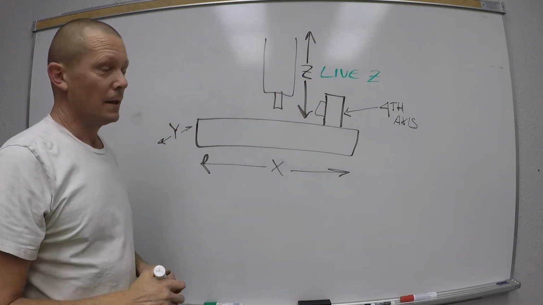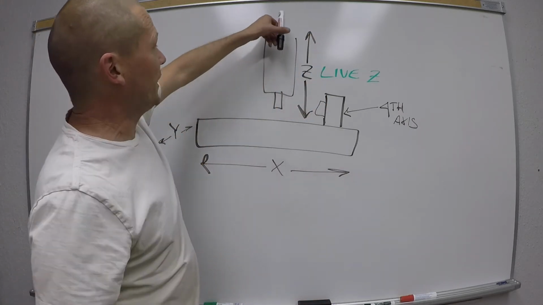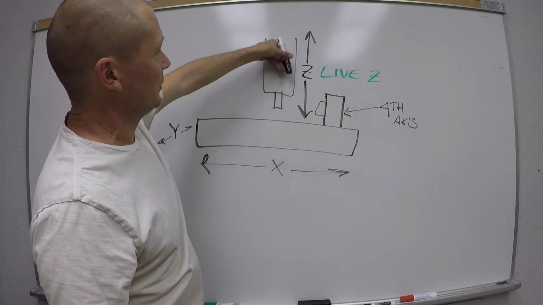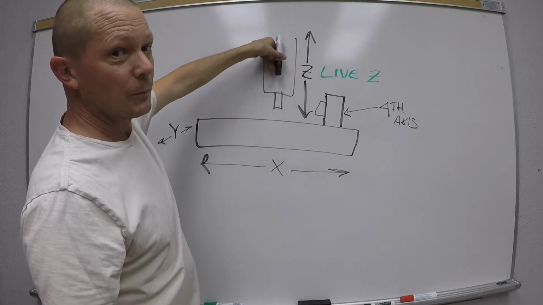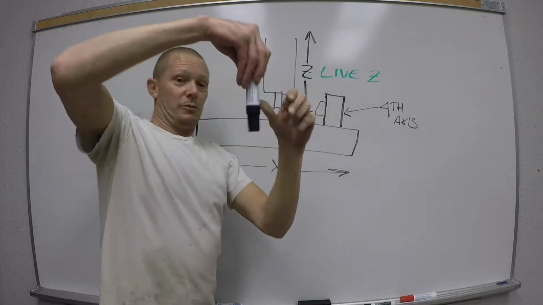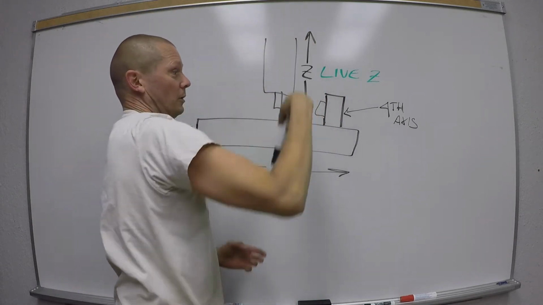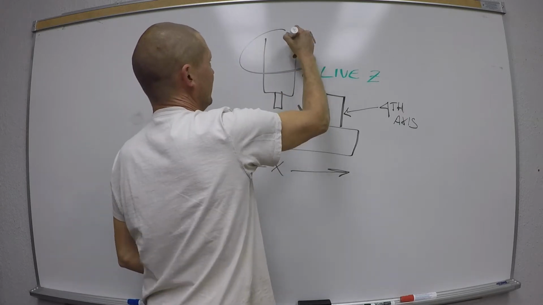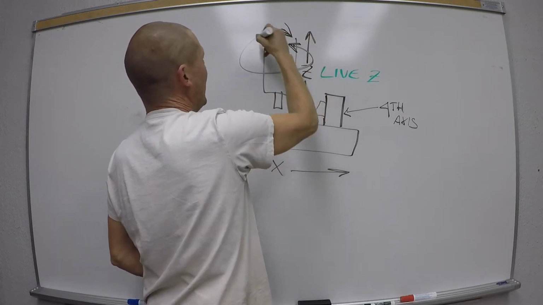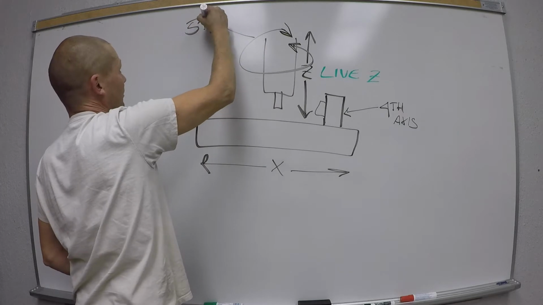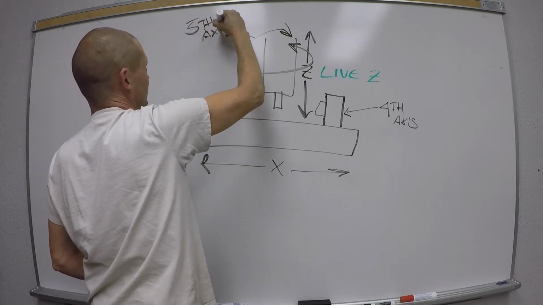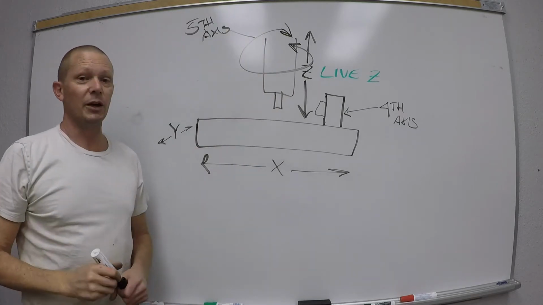And we can also tilt this spindle like this, in a circle, right on a circle. If I do that, that became a 5th axis. Now I'll stop. It can go further.